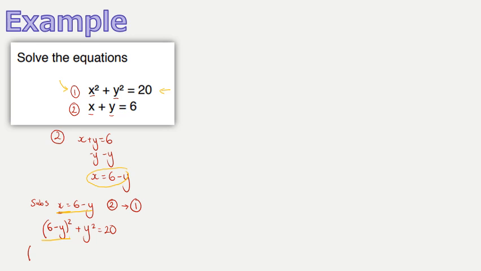Well, 6 minus y all squared is the bracket twice. So expanding that bracket out, 6 times 6, 6 times minus y, another 6 times minus y, and minus y times minus y. So I've expanded all the terms out here, multiplying each one out.